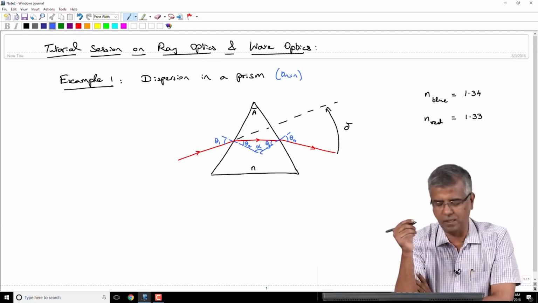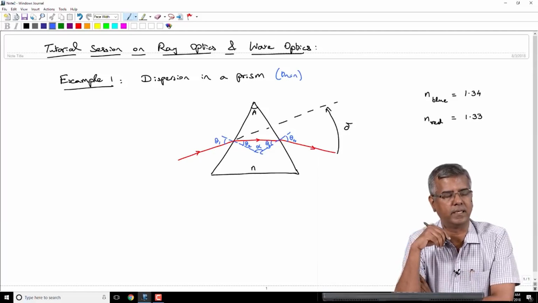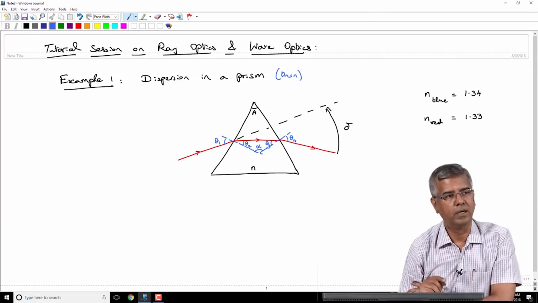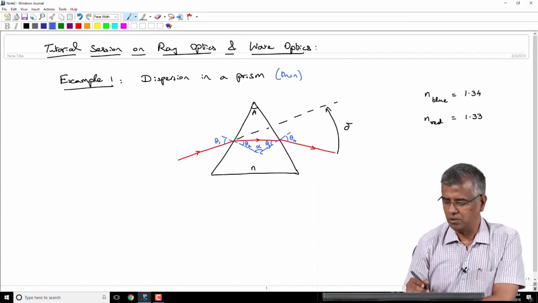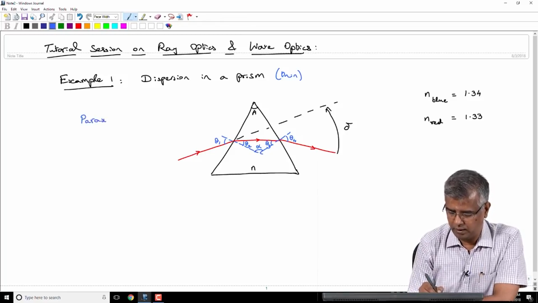If it is a thin prism, then all these angles that we are considering, theta 1, theta 2, theta 3, theta 4, are fairly small angles. So then you can apply the paraxial approximation.